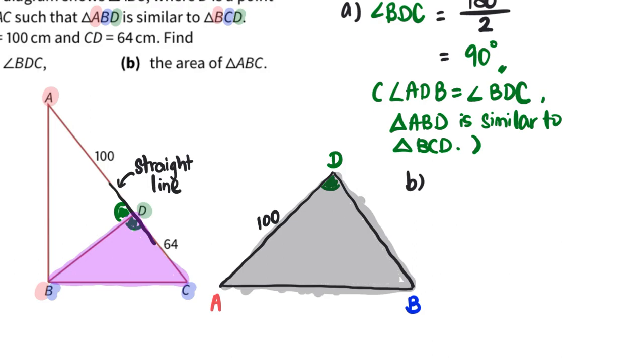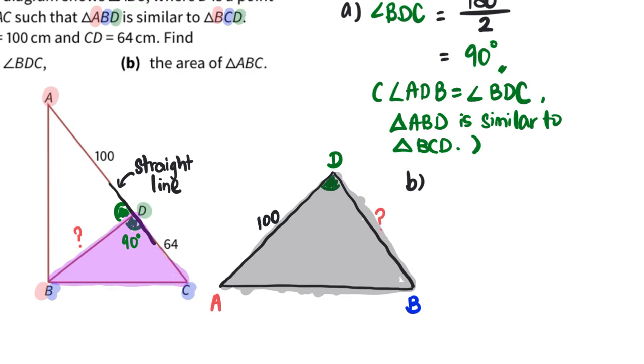What do we notice? We notice that if we find BD, and knowing that this is 90 degrees, we could simply use half times base times height to find the area of triangle ABC, right? So that is our approach.